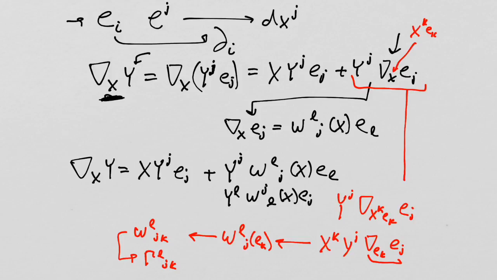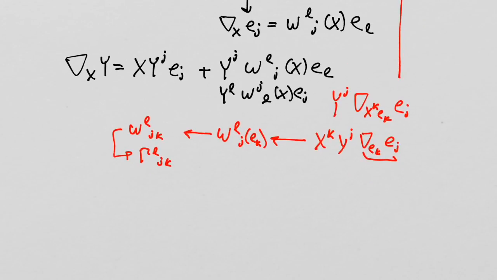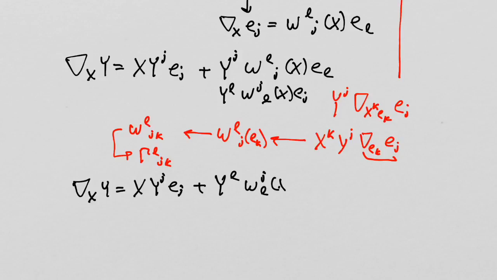And ultimately what that will allow me to write down is del_X Y equals X(Y^j) e_j plus Y^l omega^j_l of X. And I can erase this e_j here, put this in brackets, and pull the e_j out.